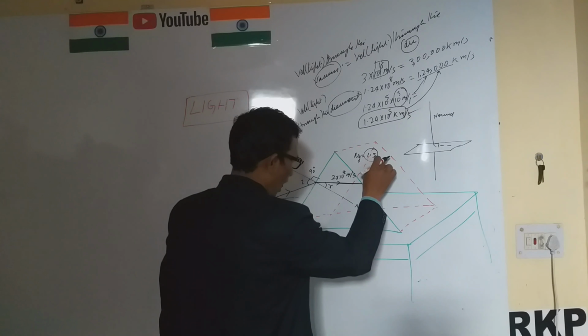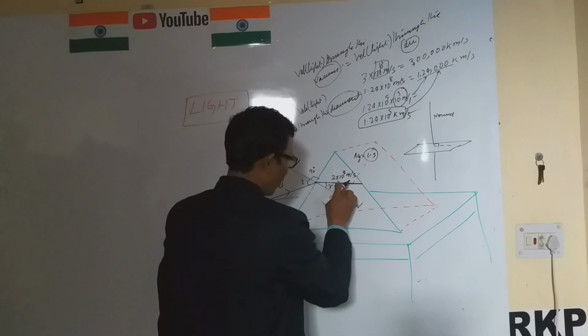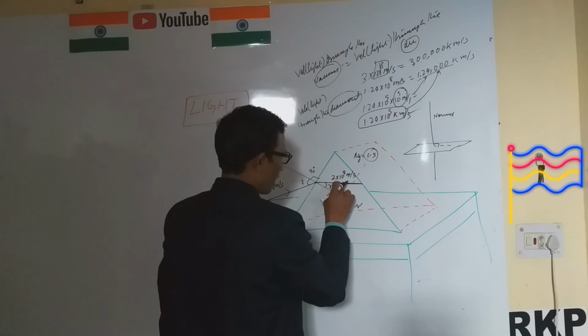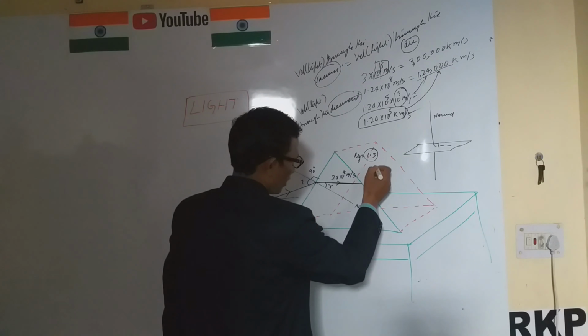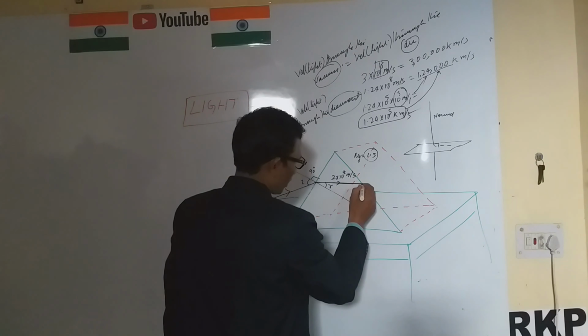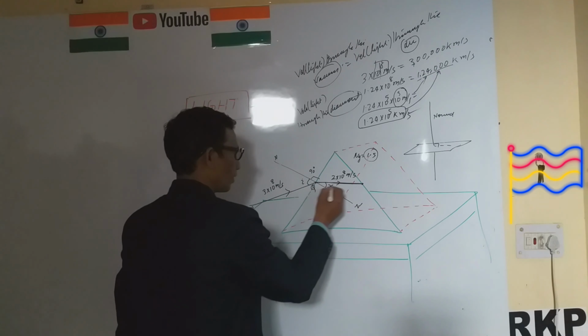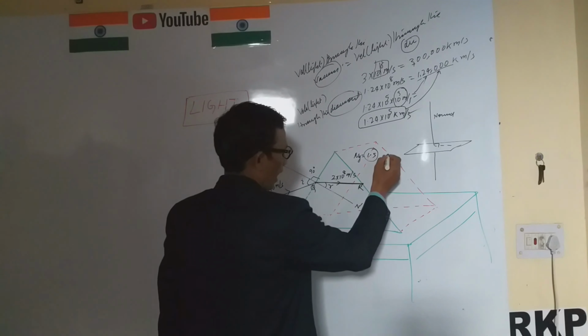This refracted ray from the first surface is incident on this point. We name these points P, Q, R, and this is the normal.